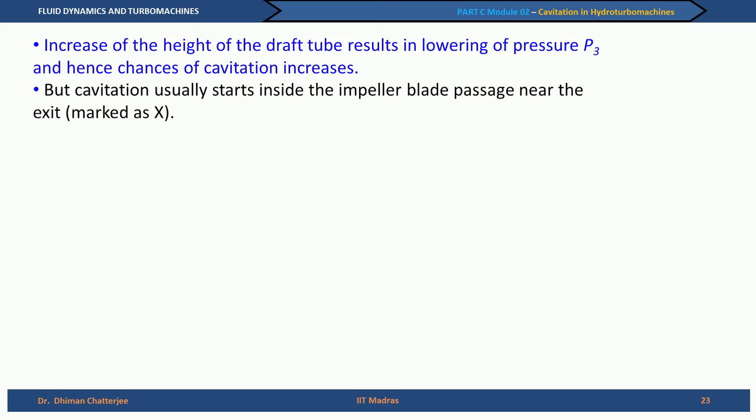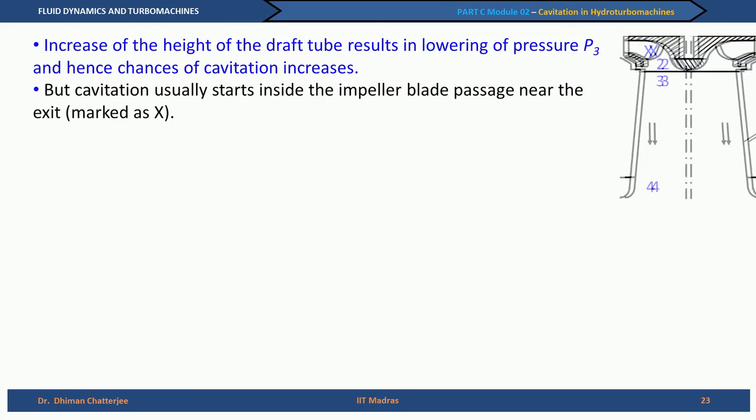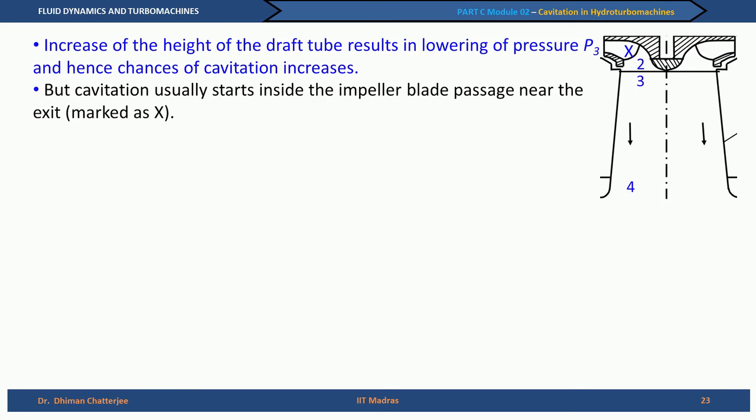In case of a turbine, the lower pressure is at the exit of the turbine, and hence we should expect that if this is a picture of my turbine, then 2 and 3 are the coincident points, and x is the point where cavitation is more likely to occur, at the exit of the turbine impeller or the turbine runner.